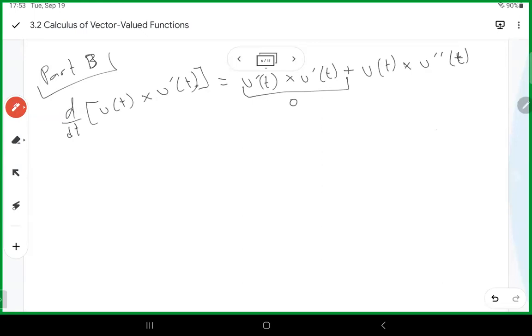Okay, so u double prime t, the derivative of u prime t. So then we'll finally shove it in.